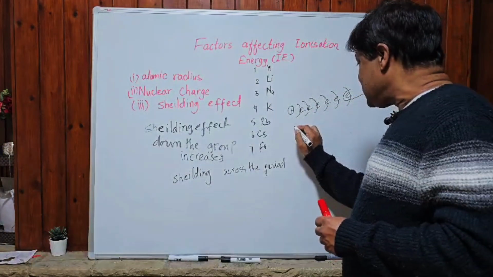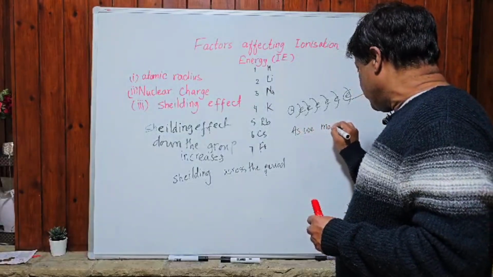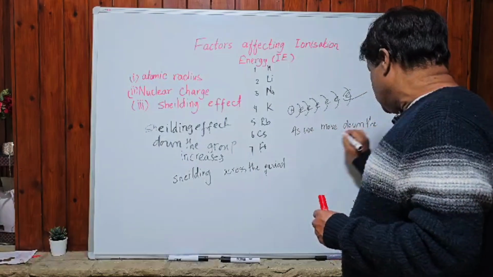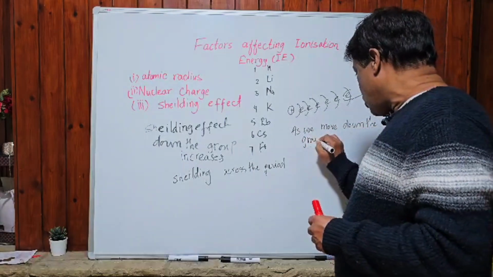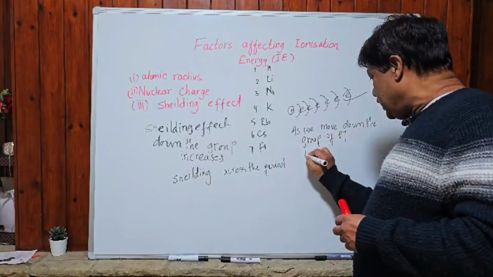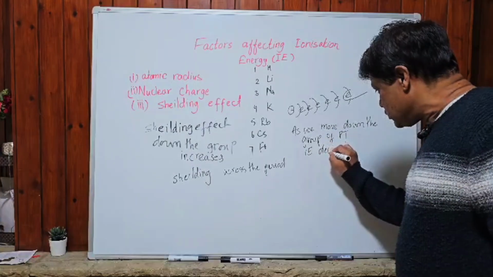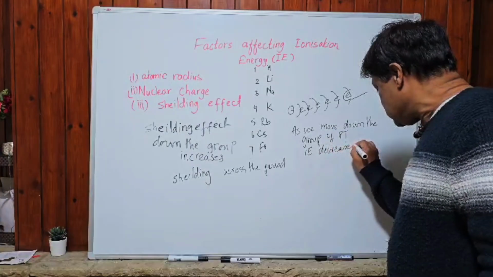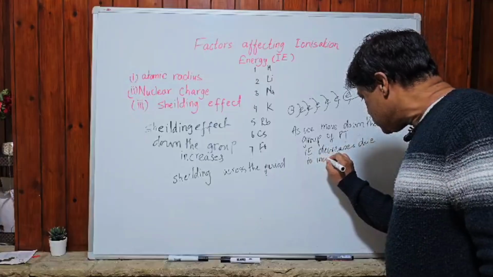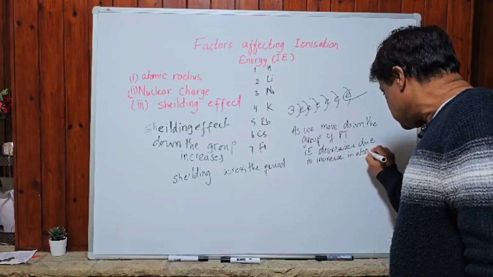So as we move down the group of the periodic table, IE, ionization energy, decreases due to increase in atomic radius.